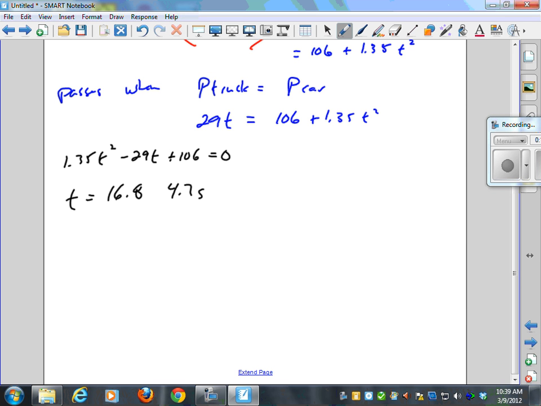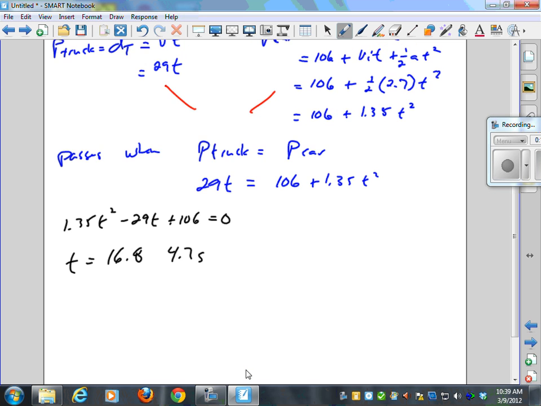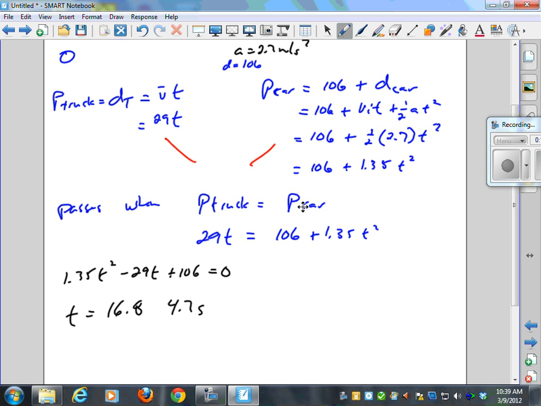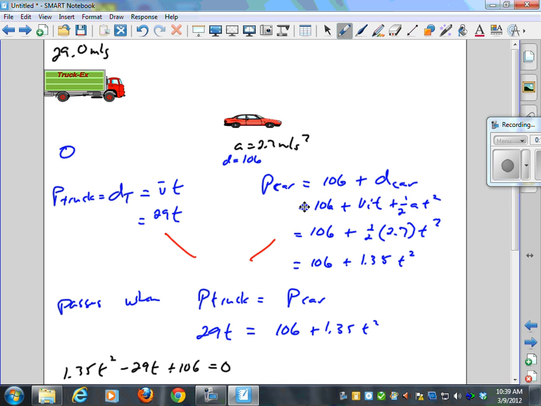Why are there two answers? Now, a few years ago, I didn't ask that question. I assumed that people would question why there were two answers and start to think about it. Then I had to throw this question in to give you a little nudge in the right direction. Why are there two answers? Because the truck and the car are at the same position at two times.